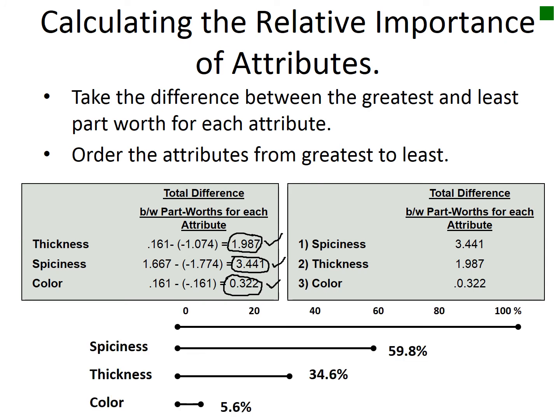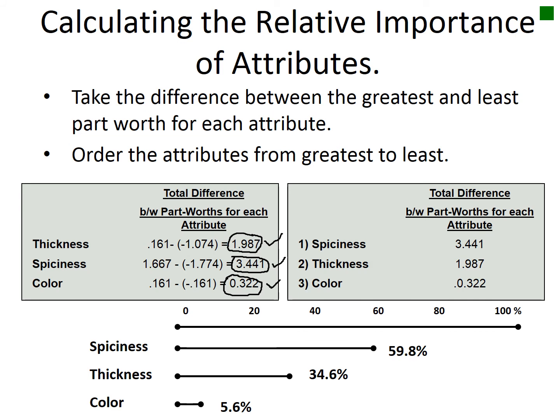And here's another little chart just to give you another illustration of how these go. 59.8%, almost 60% of the total value of the salsa is found in the attribute spiciness. Roughly 35% is found in its thickness, and only 5.6% is found in its color.